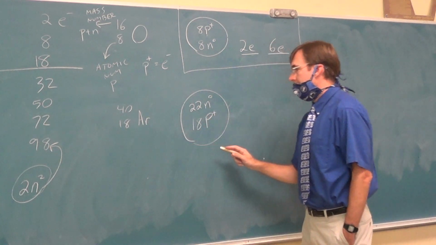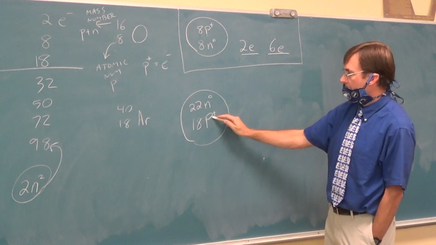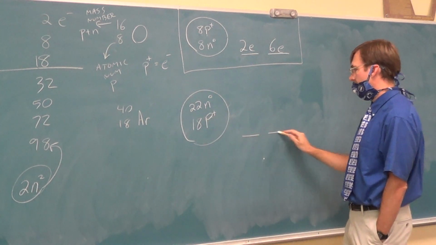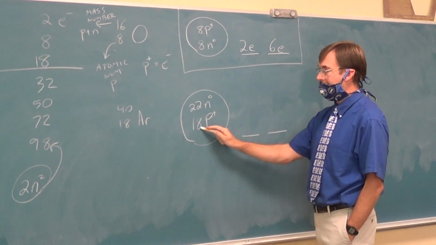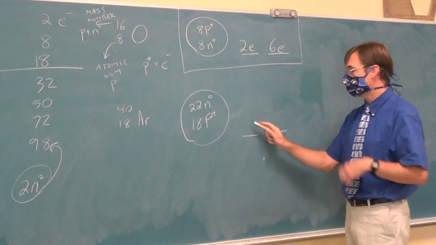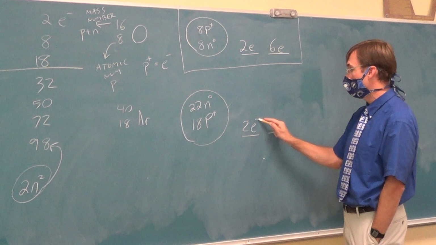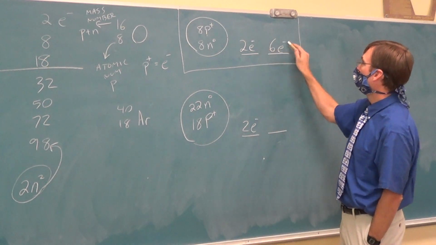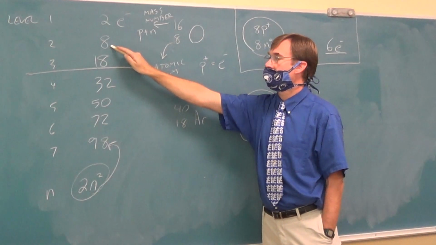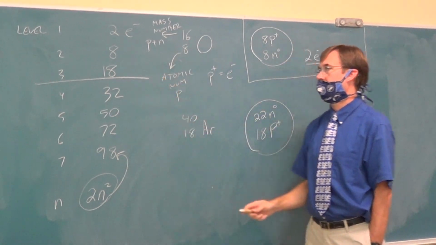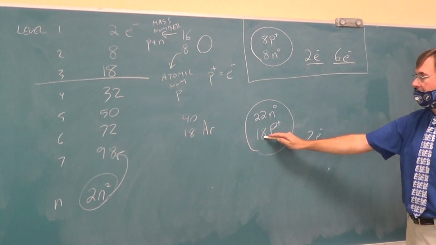When we go to do the electrons, they match the protons. So I'm going to have to do some levels out here until we get the electrons adding up to 18. Okay, so first level can hold 2 electrons, because this says so. Level 2 can only hold up to 8 electrons. We're trying to total up to 18.